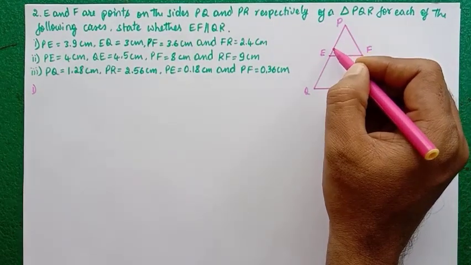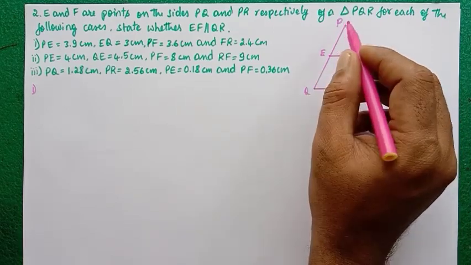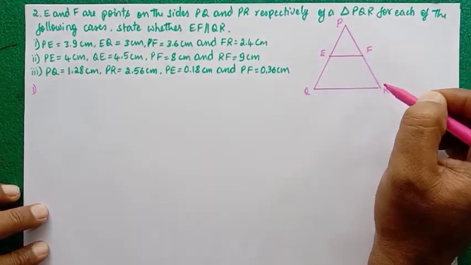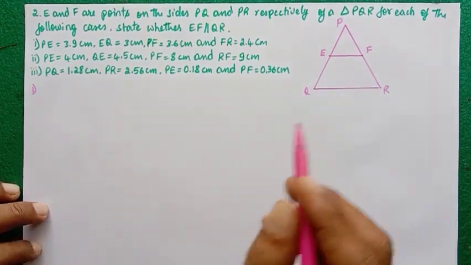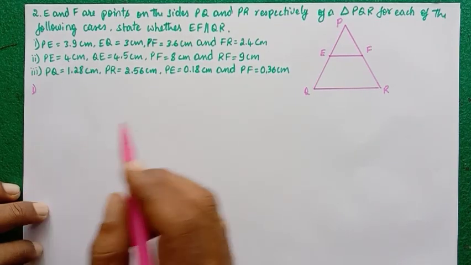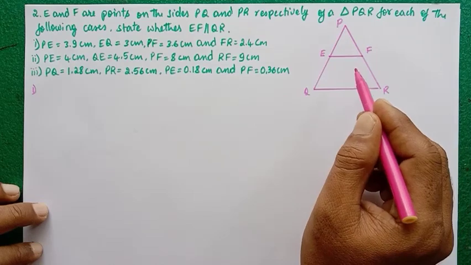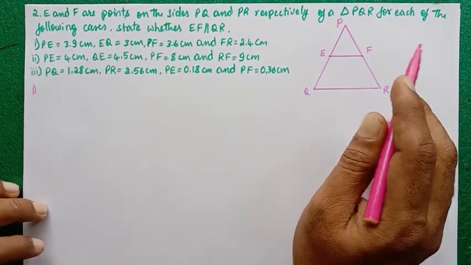If PE by EQ and PF by FR are equal, if both are in the same ratio, then the sides EF and QR are parallel. If not, it is not.